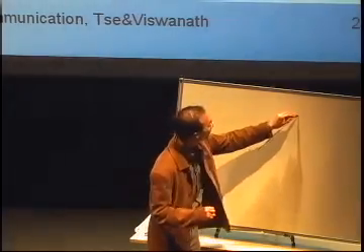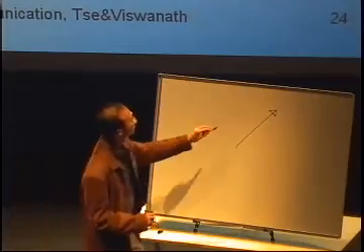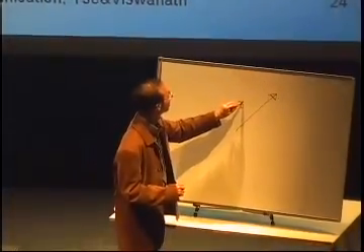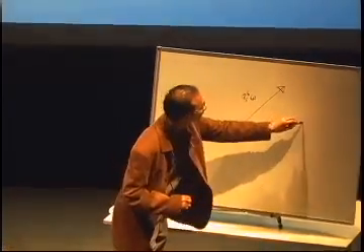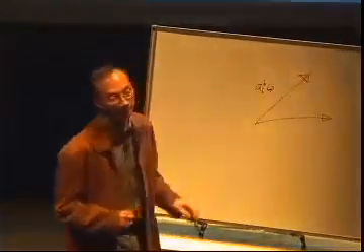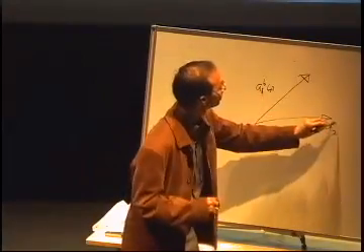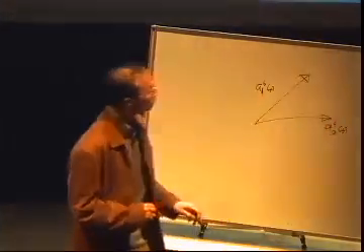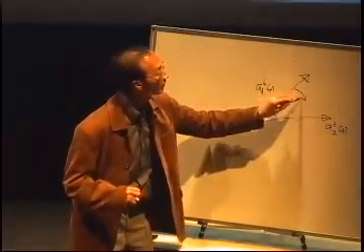I have one path with a baseband complex channel, this. Another path maybe here. All right? So now, as time changes, the phase changes.